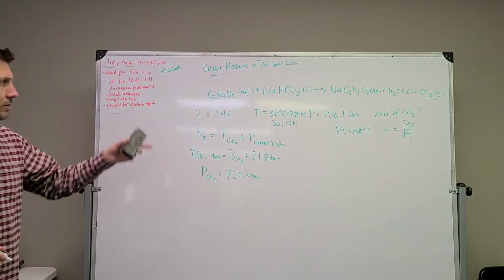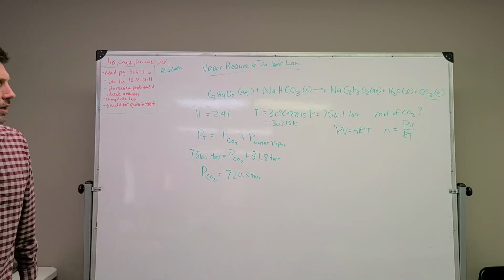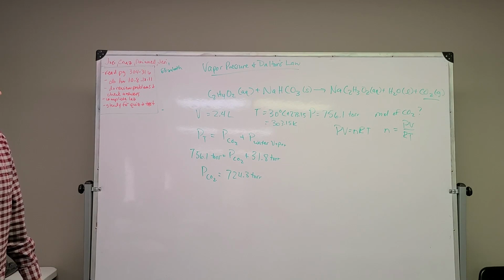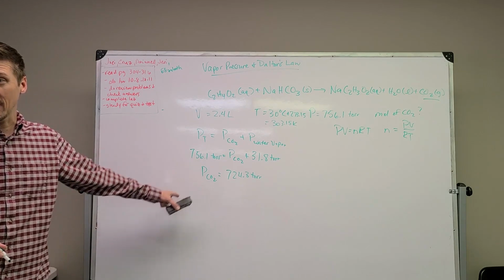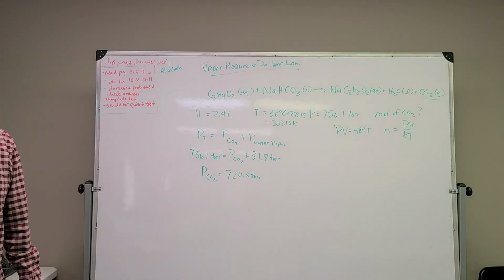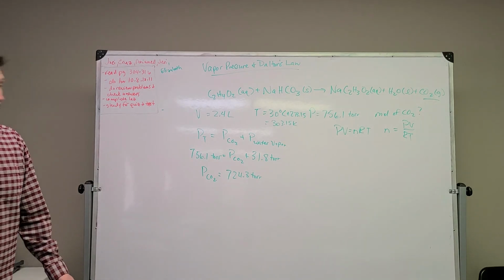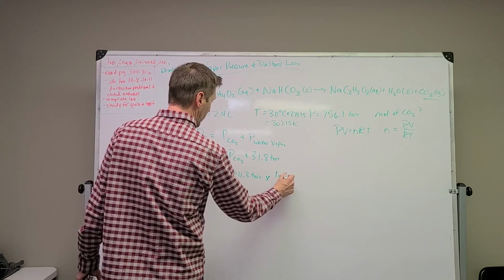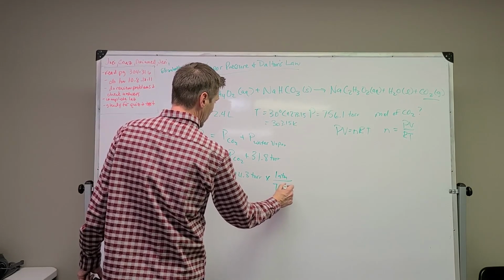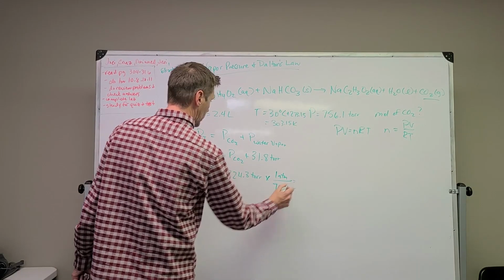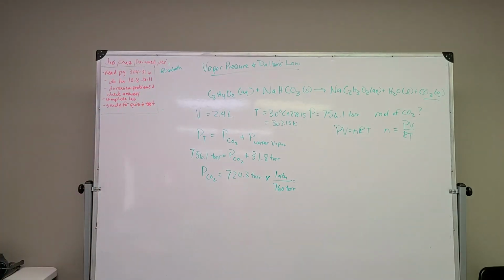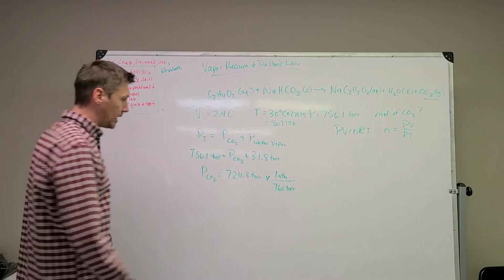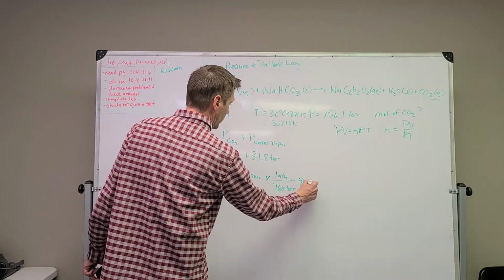So we've got volume, temperature, we know the R constant, and we know pressure now, because we just calculated that. But our pressure is in torr, and we need pressure in ATM, right? So let's calculate that. We know that 1 ATM is equal to 760 torr. So we multiply that conversion factor times the 724.3, and we get 0.953 ATM.